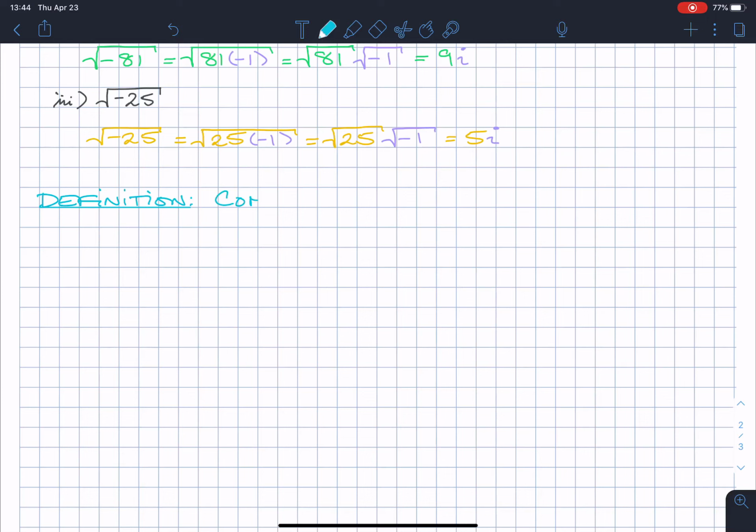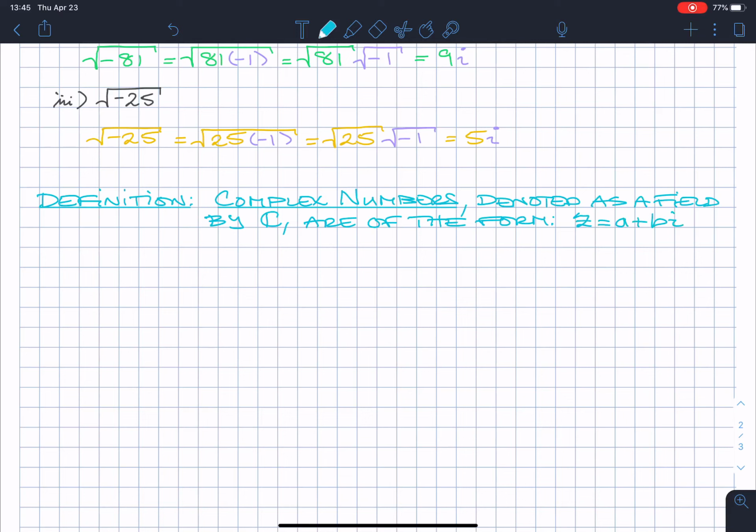Complex numbers, that's what we're defining, denoted as a field by blackboard bold C, much like we have blackboard bold R for real numbers, are of the form Z is equal to A plus B times I, where A is equal to the real part and B, without the I, is the imaginary part.